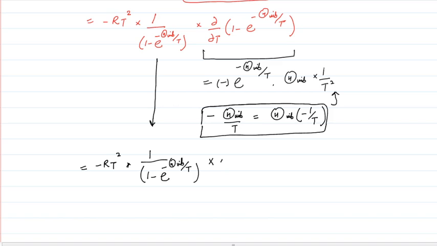That means we can write minus into e raised power minus theta vibration upon t into theta vibration upon t square.